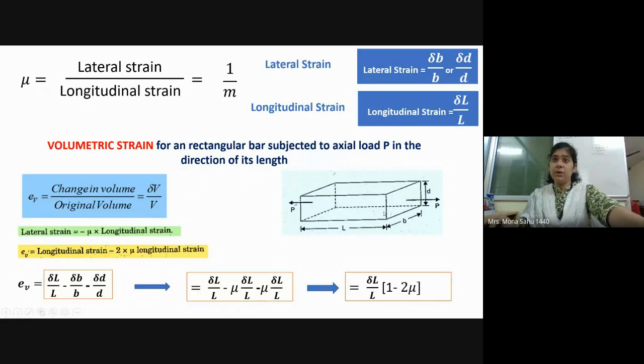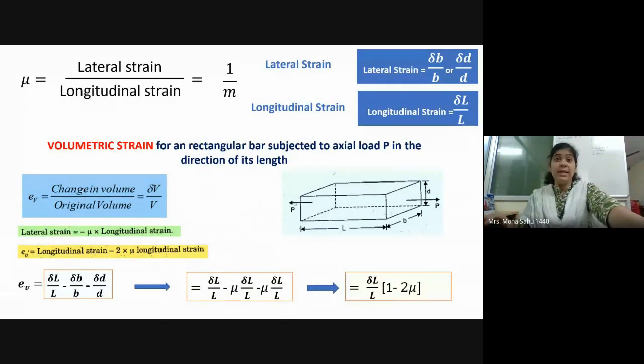The length is going to increase. But at the same time, the breadth and the depth will decrease. If it's a pulling force, length will increase, and breadth and depth will decrease. But if it's a compressive force, length will decrease and breadth and depth will increase. Are you guys clear about this?